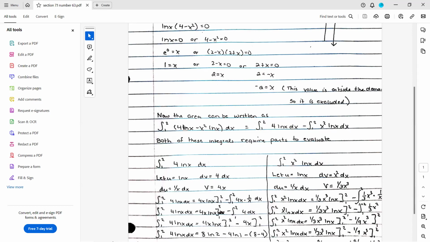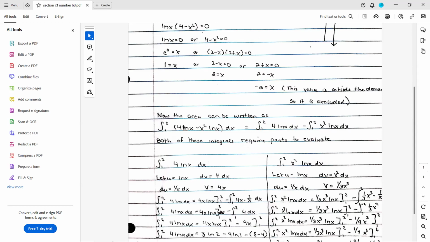And then, yes, integrate that again. So you get 4x from 1 to 2. And then go ahead and evaluate with the fundamental theorem of calculus. Remember, your upper limit goes in first.